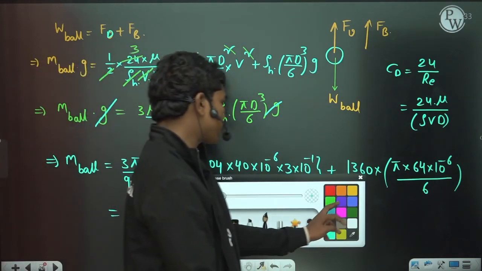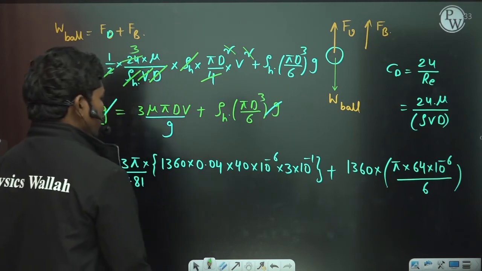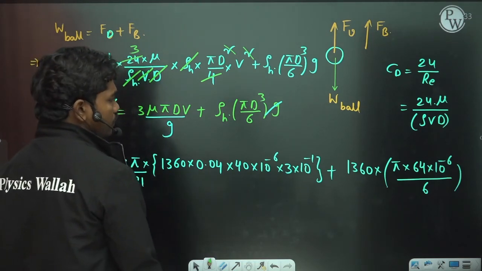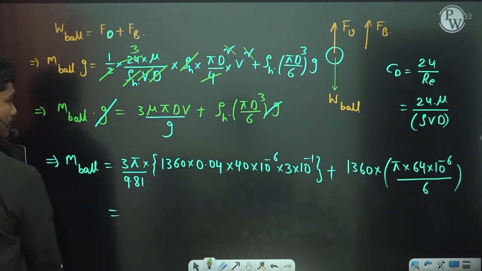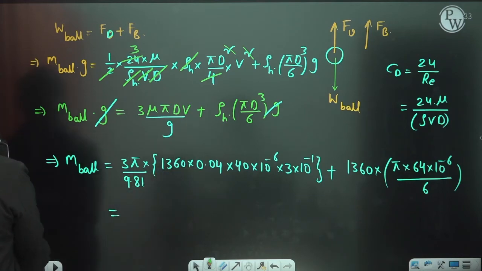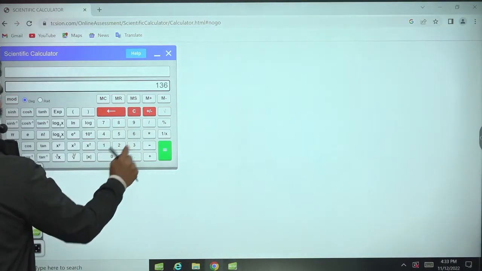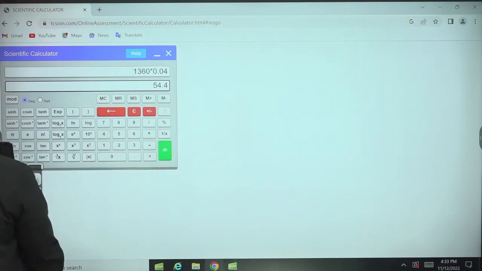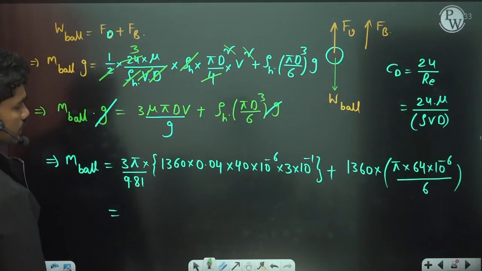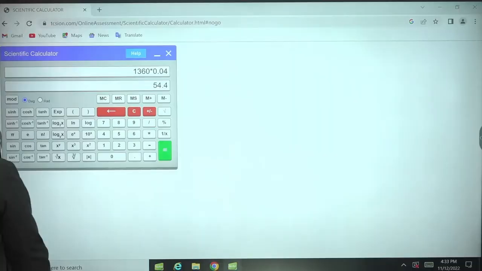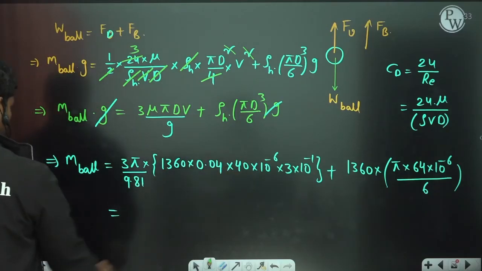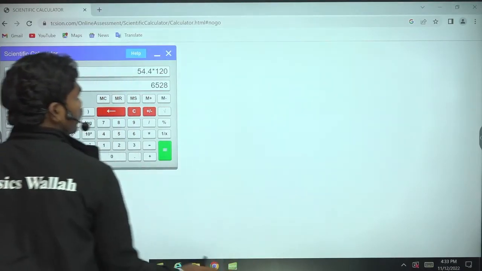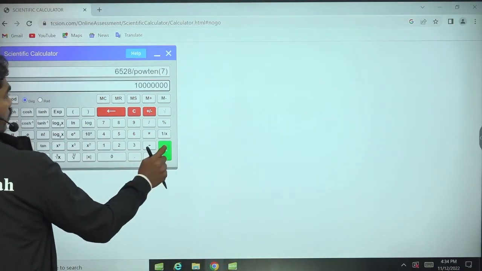Let us do this quickly. Let us see what we can eliminate here. I think nothing much can be eliminated, so let us start simplifying from this term. 1360 into 0.04 into 40 into 3, so into 120, divided by 10 to the power 7.